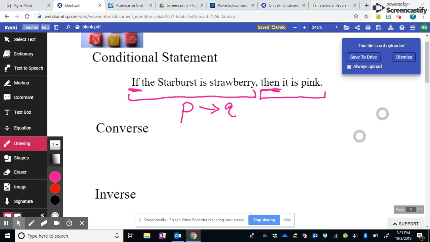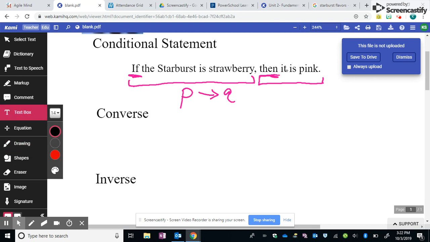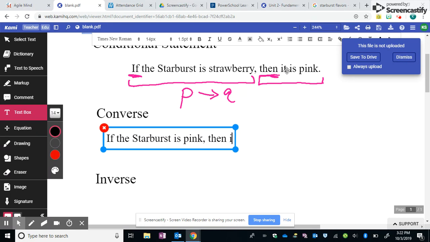After the conditional statement, we've got the converse. A converse takes your conditional statement where it's P and Q and flips it so that the Q goes first. So the second part of the conditional statement will now be the first part. So instead of if the starburst is strawberry, then it is pink, we are going to say if the starburst is pink, then it is strawberry.